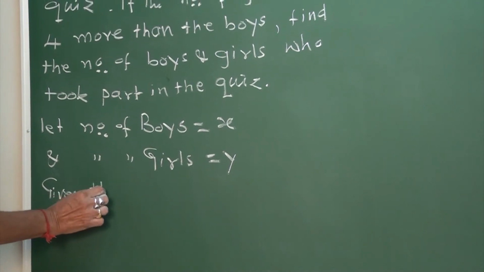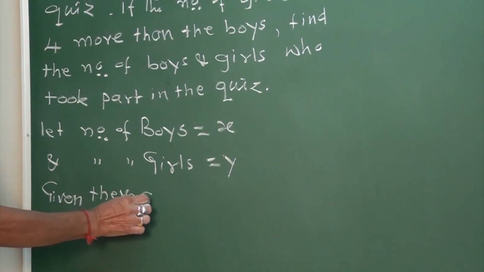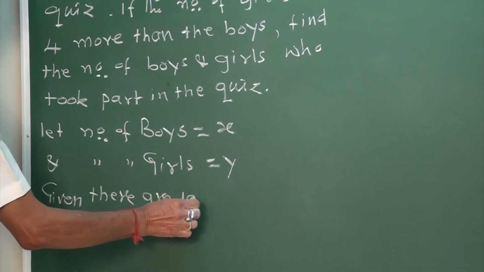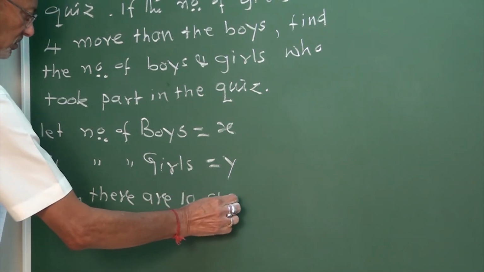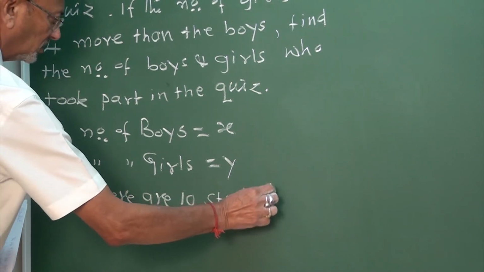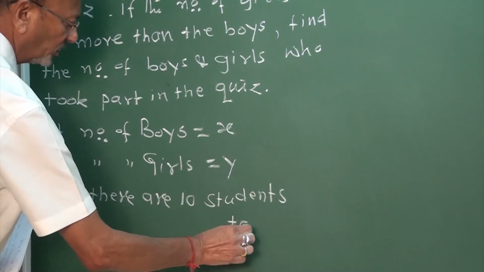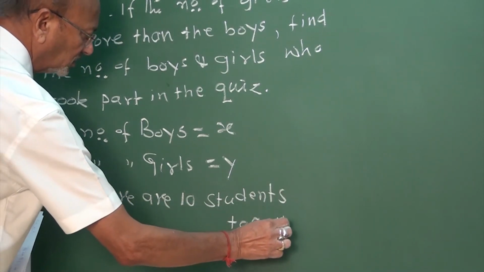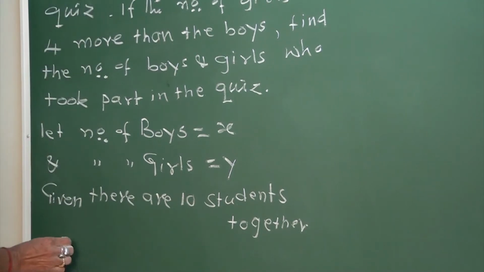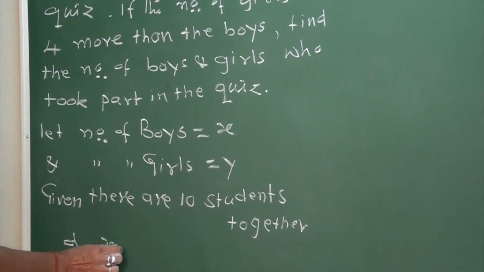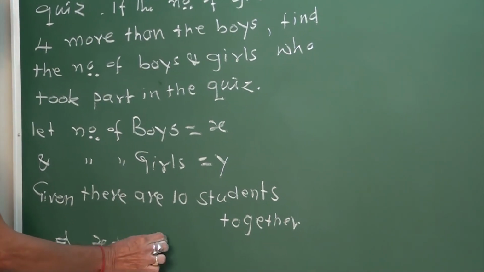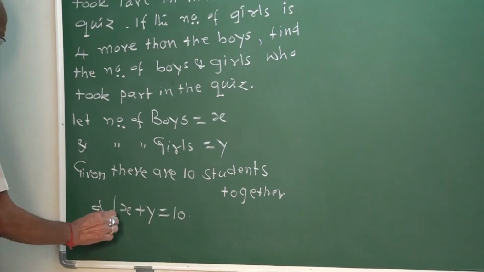Given, there are 10 students together. This gives, my friends, together means what? Their sum x plus y is 10. This is the first algebraic equation.